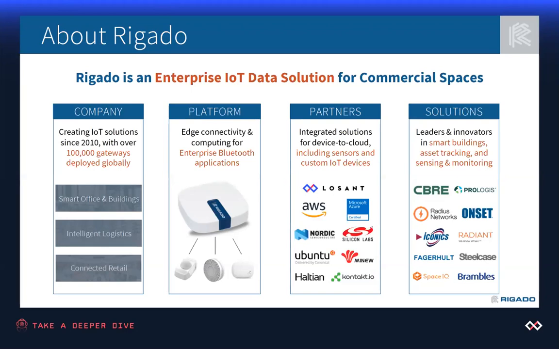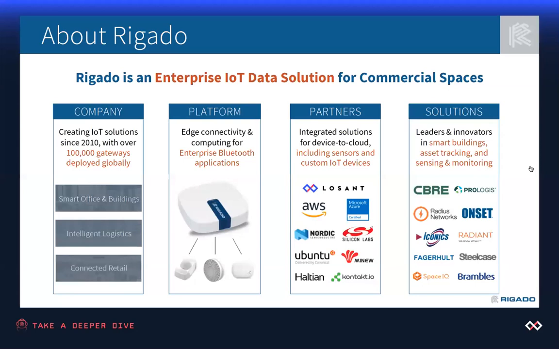So Rigado's focus is on providing enterprise IoT data for solutions like this one. We do that primarily in environments like smart office and smart buildings, logistics, retail stores and warehouses. And usually the star of the show is our gateway. In this case, the Rigado gateway was used to connect to the sensors that were actually on the stadium seats and collect and process that data and deliver it up to the dashboard.